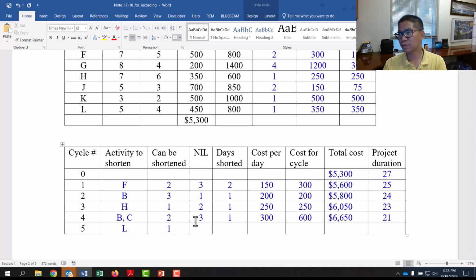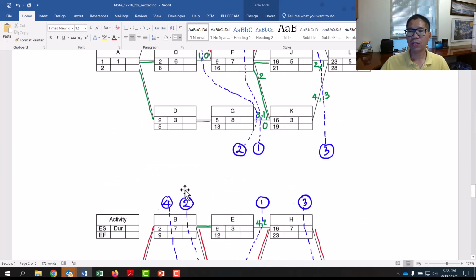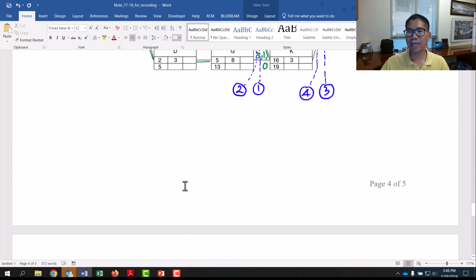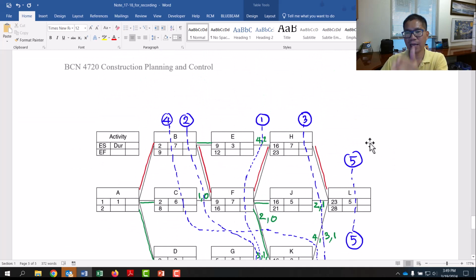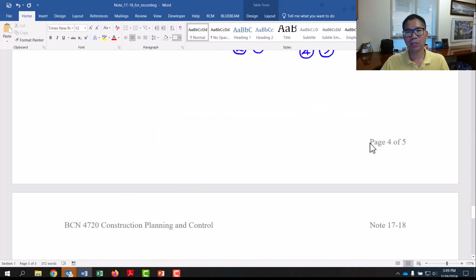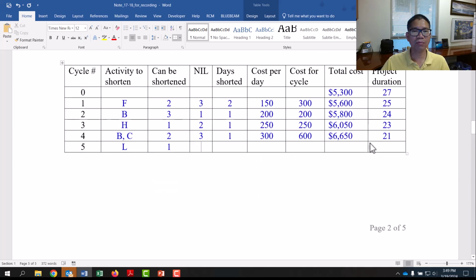Network interaction limit, for number 5, it does not cut through any link between activities, so it means it's not applicable, right? So I can say it's infinity, you don't cut it. So NA, or you say infinity, so it will be 1 minimum, right? So it's 1, and the cost is 350.